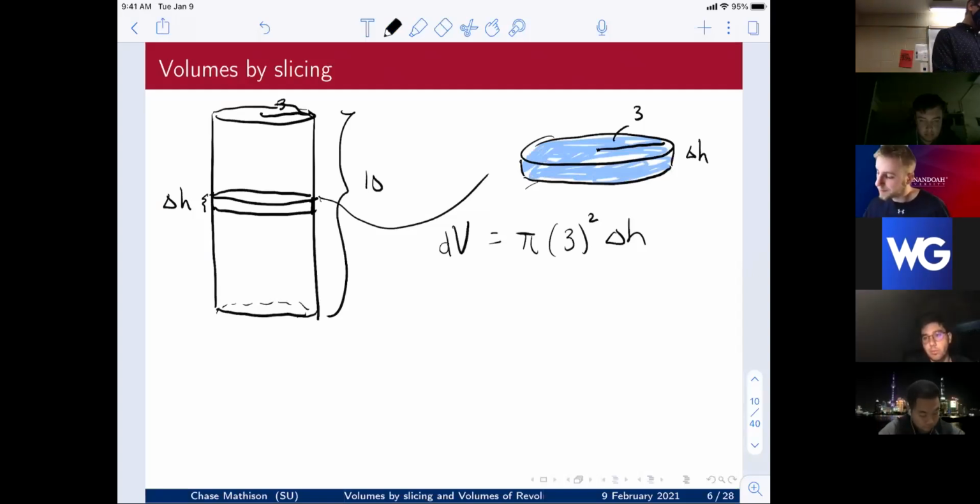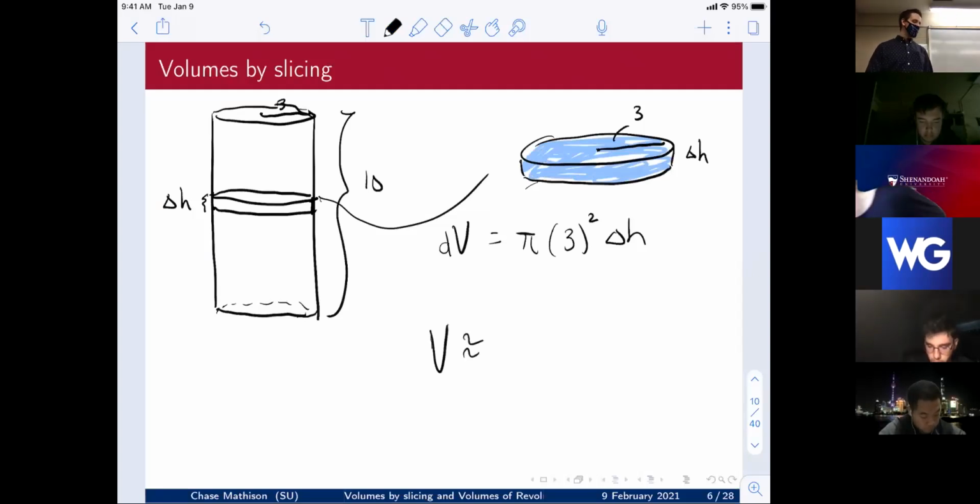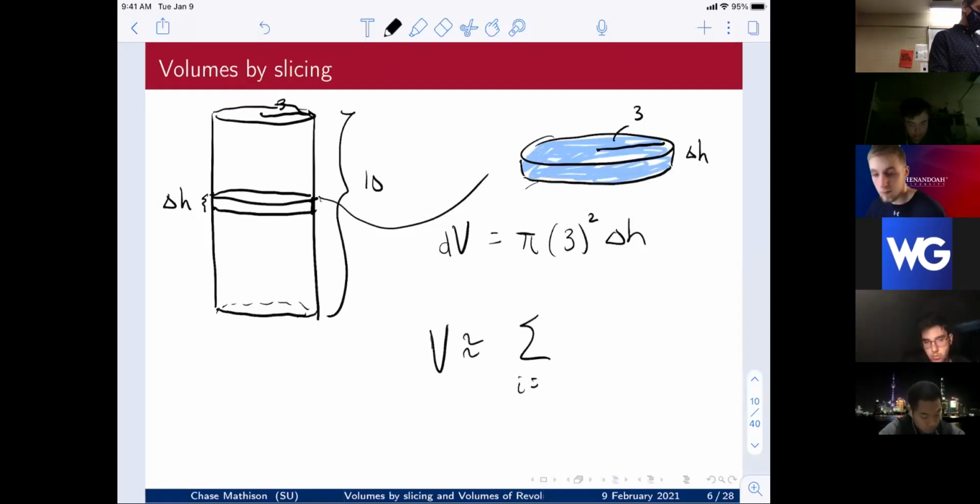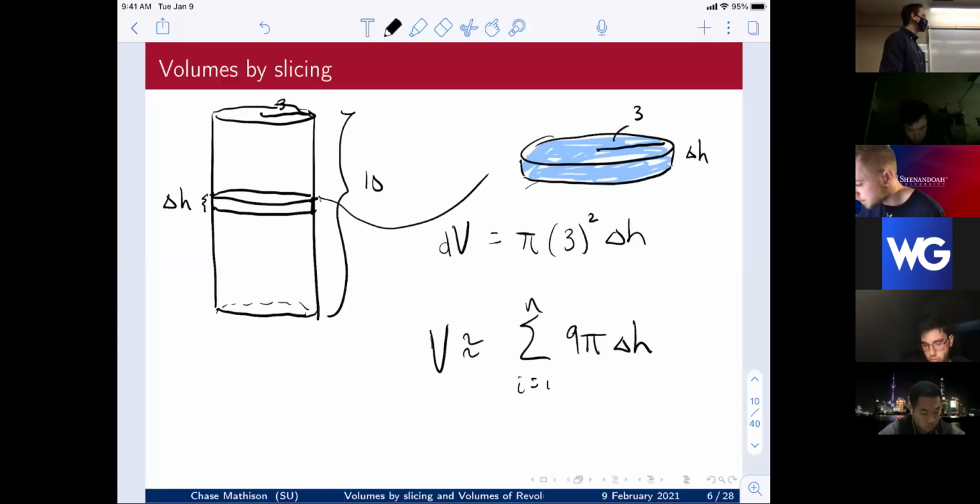So then the volume of the whole thing is approximately, if I have n of these slivers, I'm going to add them all up, right? This is the whole process of Riemann sums. There's no i's happening here because everything's constant, but I can still use the summation notation. 3 squared is 9, fun fact. So I'm going to get 9 pi delta H.